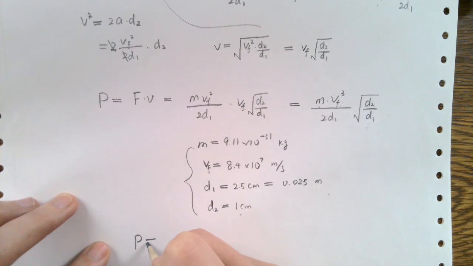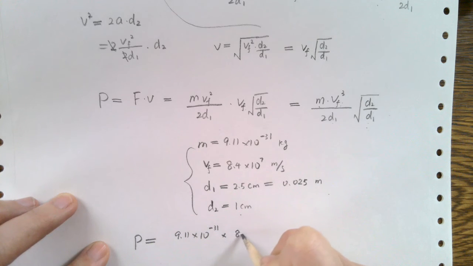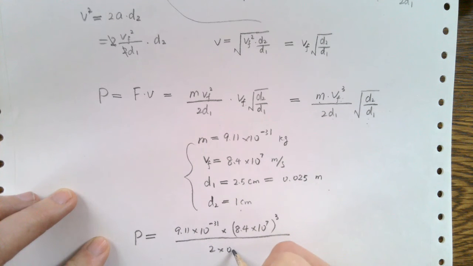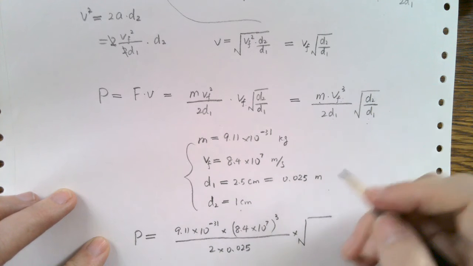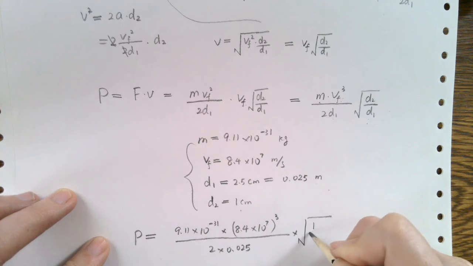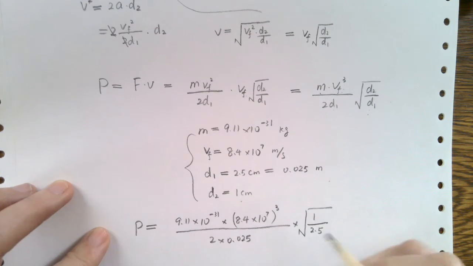We know the power at that moment equals 9.11 times 10 to the negative 31 times Vf, which is 8.4 times 10 to the 7th, raised to the cube. Divide by 2 times 0.025 times the square root of d2 over d1. D2 is 1 centimeter over d1 is 2.5. See, we have this expression here.